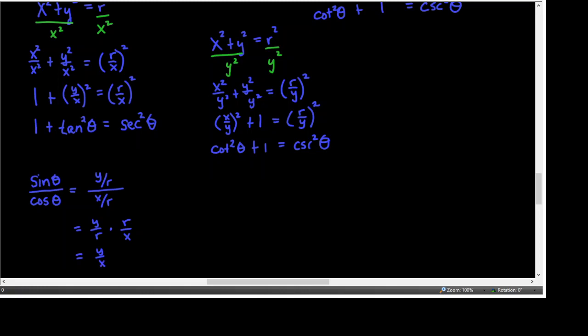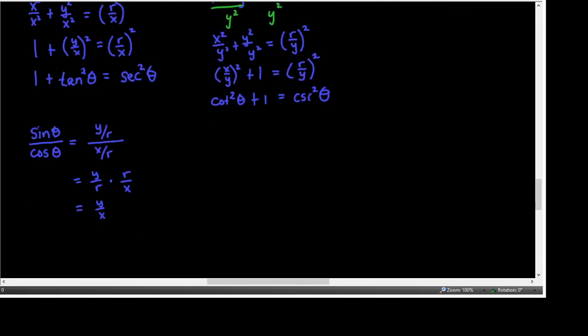And that's equal to what? What is y over x always equal to? Well, it's the definition of tangent of theta. So I'd like for you to explore cosine of theta over sine of theta and see if you can figure out what that's equal to. Okay.